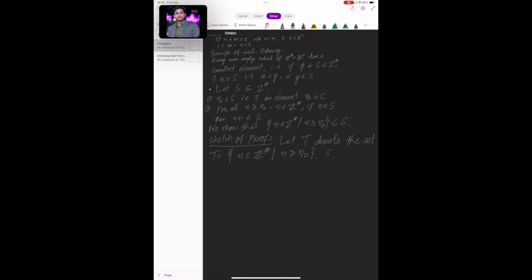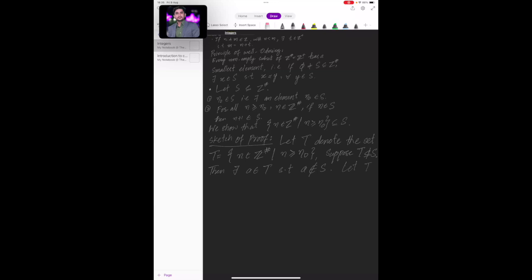And we suppose T is not a subset of S. Then there exists an element A inside T such that A is not inside S.